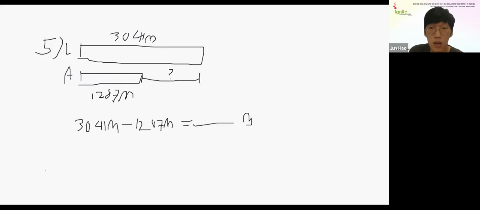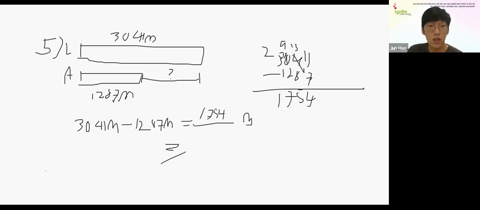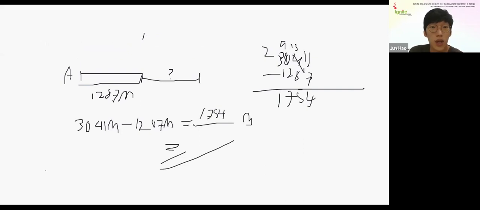It's just normal subtraction: 3,041 minus 1,287. 1 minus 7 cannot, so we borrow, 11 minus 7 is 4. 13 minus 8 is 5. 9 minus 2 is 7. 1 minus 1 is 0. So the answer is 1,754, which is 2. Okay guys, hopefully you understand all these. They are still quite simple. If you need, you can rewind and watch again.